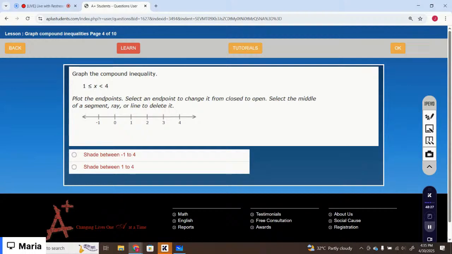One is less than or equal to x less than 4. So which is the correct option?